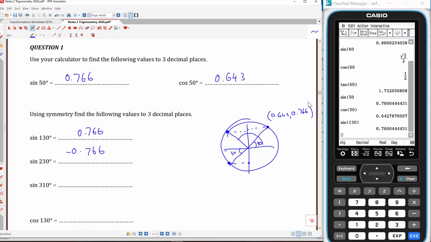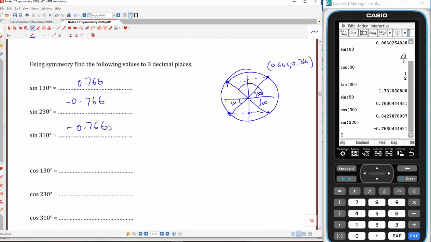And again, you can try this out on your calculator by typing in 230, and it gives you the negative version of it. All right, 310 is 50 less than 300. Okay, so that's 50 degrees measuring from there to there. So that means that's the y value, so it's still the negative version. Okay, so we've got all of that via symmetry, not on the calculator.